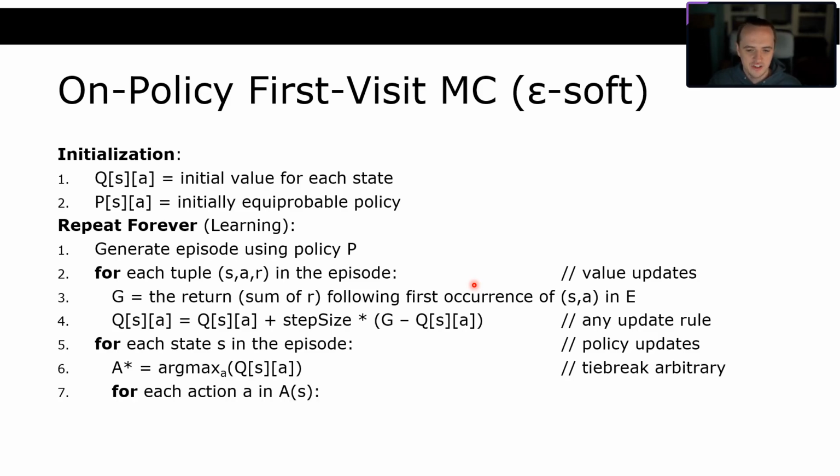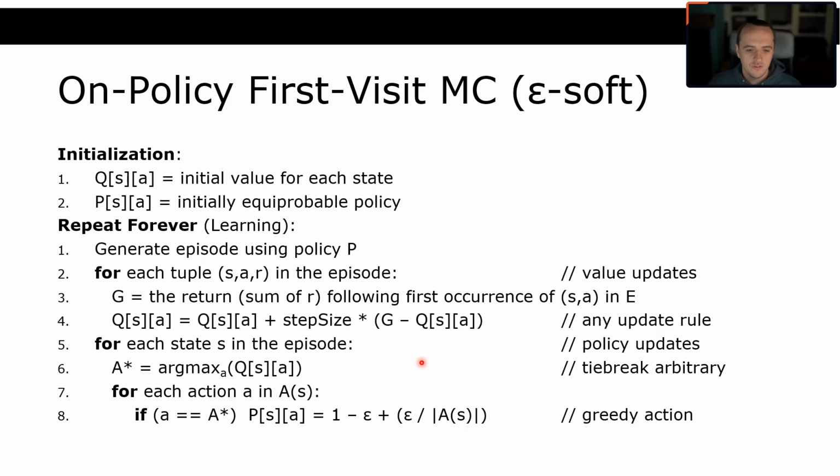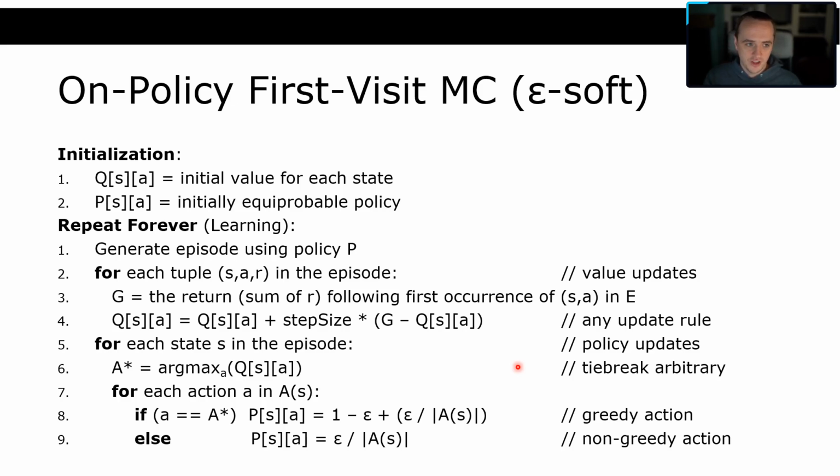Then for each action A in A(S), where big A(S) is the set of all possible actions at a given state: if we have the maximum action, then the probability that our policy chooses that action at that given state is 1 minus epsilon plus epsilon over the number of actions. Otherwise, if that's not the maximum action, we set that probability to epsilon divided by the number of actions. Now, that's a little bit hard to understand, okay?